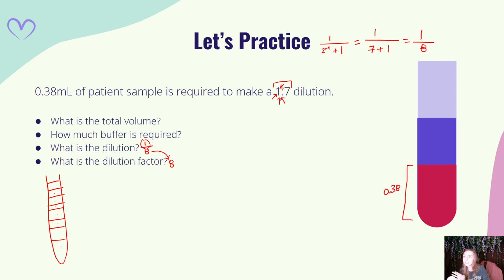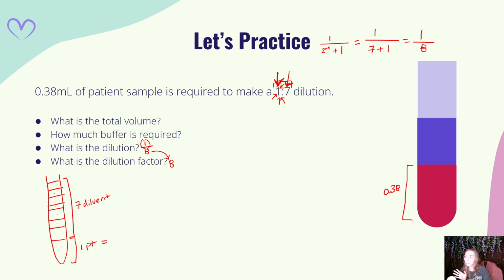One of those parts is our patient specimen. 1 patient. 7 of those parts is our diluent. 7 diluent or buffer. What is the total volume? What is the volume of buffer? That's how we get there, right? So again, 1 patient part.